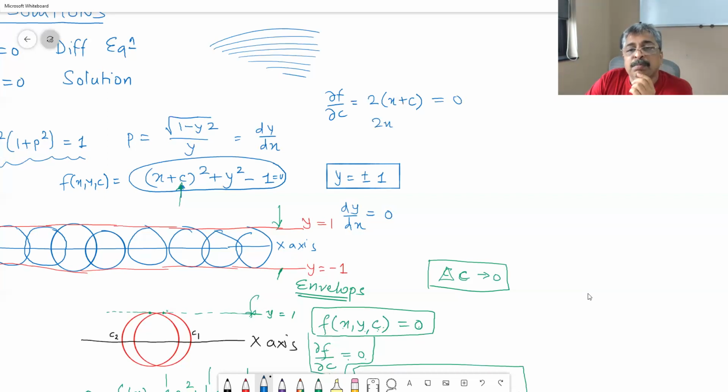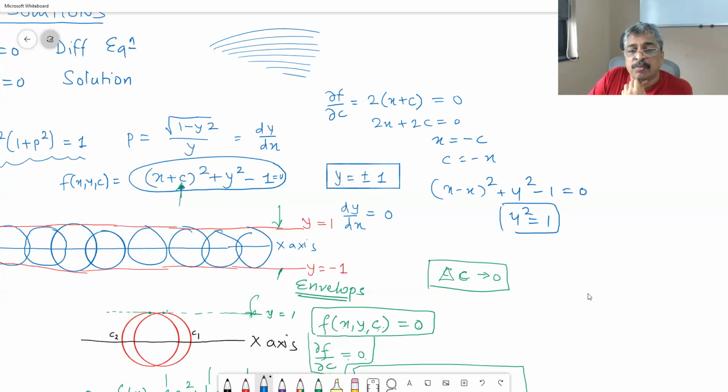So 2x plus 2c is equal to 0, x is equal to minus c, or c is equal to minus x. So if we put c is equal to minus x in the given equation, we get (x minus x) whole square plus y square minus 1 is equal to 0, meaning y square is equal to 1, and hence y is equal to plus or minus 1 is our singular solution.